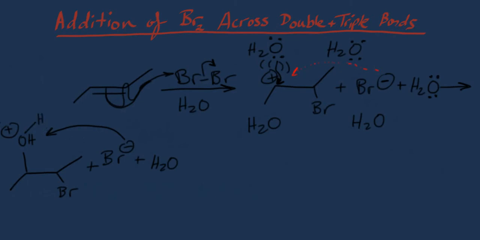There's another hydrogen, and let me correct this line by making it just a little bit more towards what I want. And so that bromide ion will come and take this H off of the water and satisfy the oxygen cation, or the oxygen positive charge.